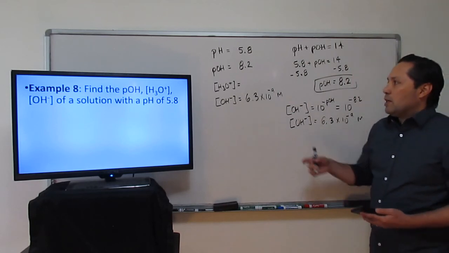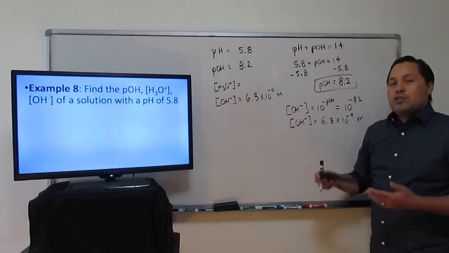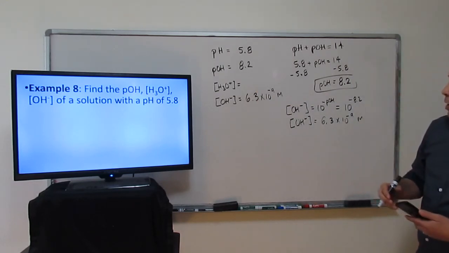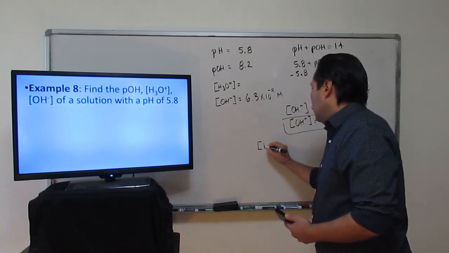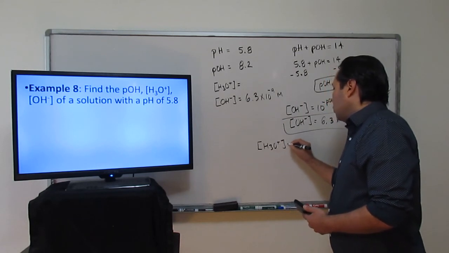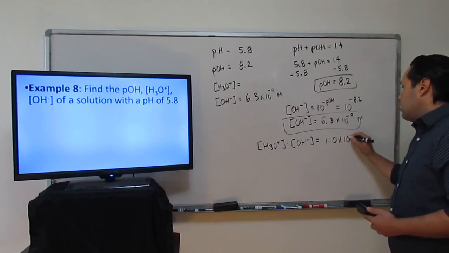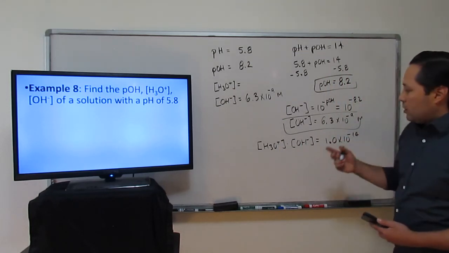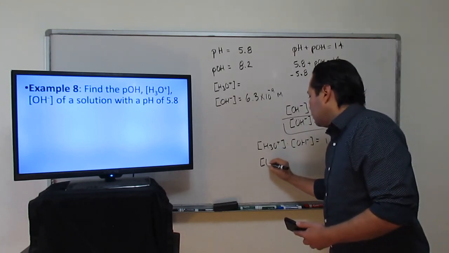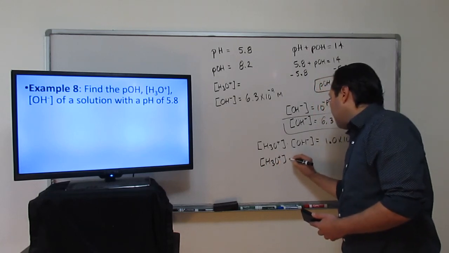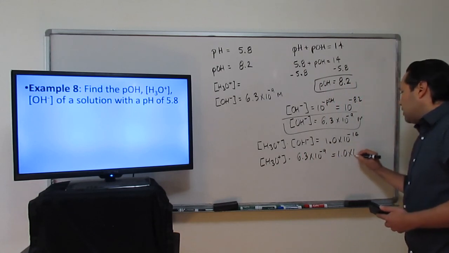Next, we still need the hydronium ion concentration, the H3O+. So we're going to use this formula to solve for it. H3O+ multiplied by OH- will give us 1.0 times 10 to the negative 14. Now I'm going to substitute this value here. So it'll look like so: H3O+ times 6.3 times 10 to the negative 9 equals 1.0 times 10 to the negative 14.